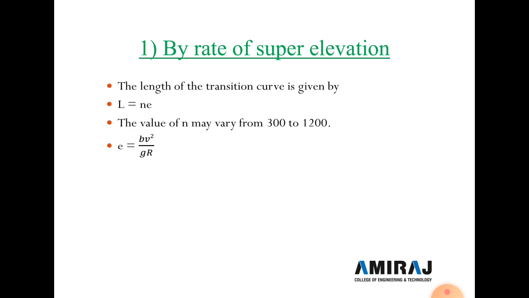The length of the transition curve L is equal to NE. Here the value of N may vary from 300 to 1200, and E is E equal to BV square divided by GR, where B is the width of the road, V is the velocity of the vehicle, G is 9.81, and R is the radius of curvature.